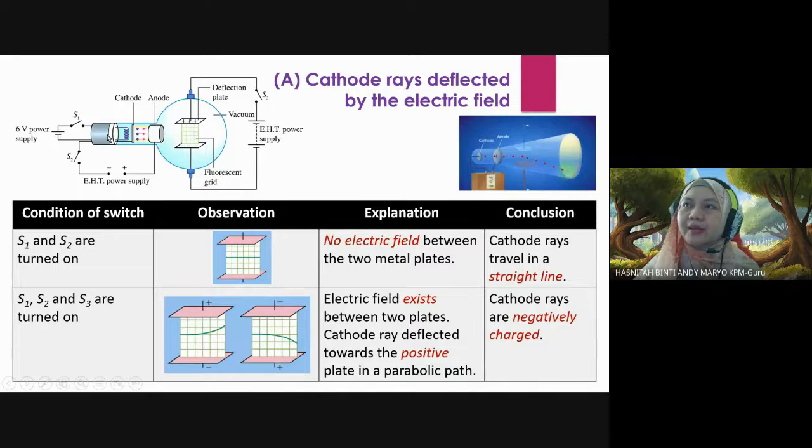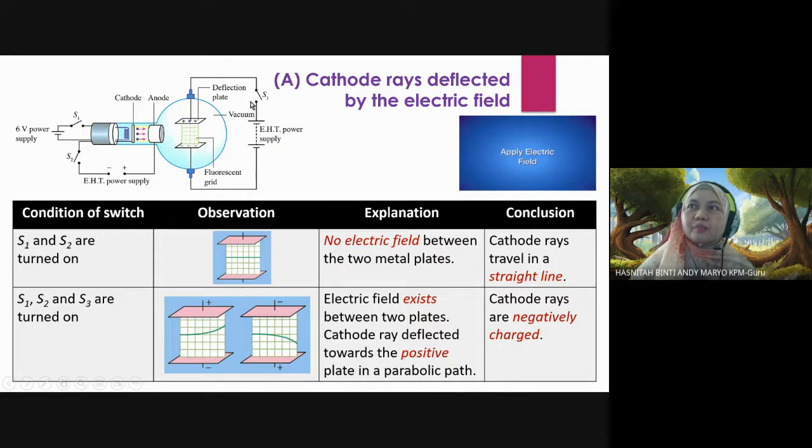So the cathode ray will be emitted from the cathode, accelerating towards the anode and continuously travelling in a straight line until it reaches the screen. So we prove here that cathode ray travels in a straight line. Now what happened when we turn on all switches? S1, S2, S3 are all switched on.